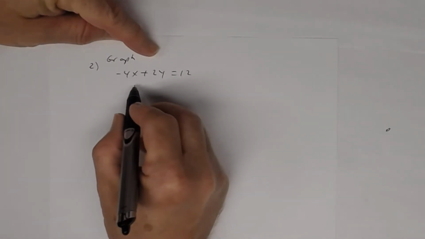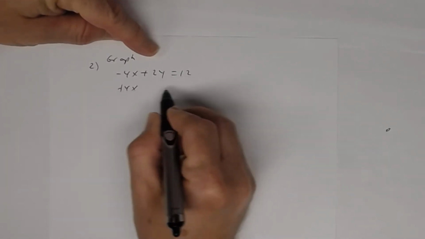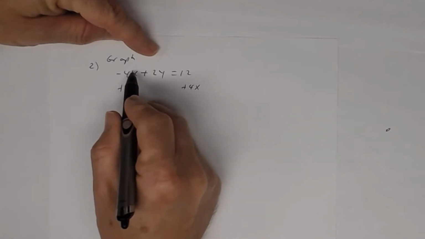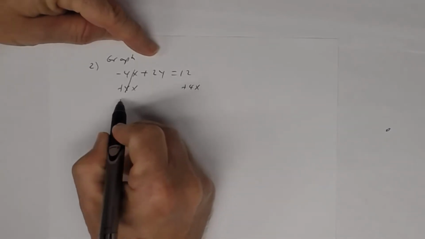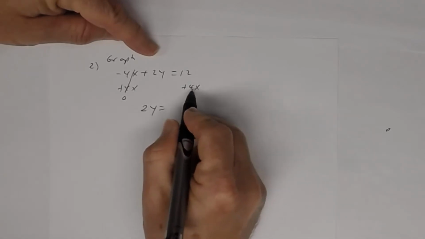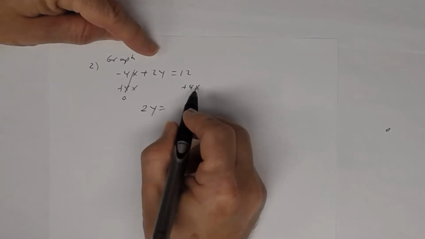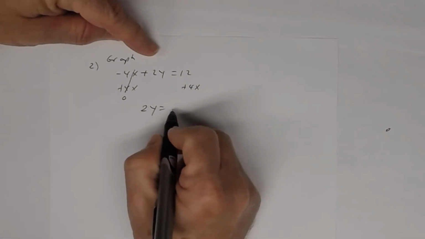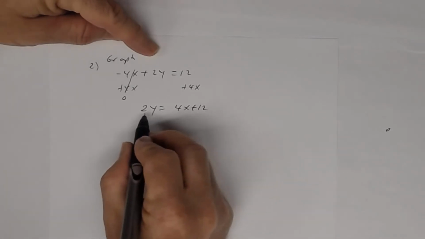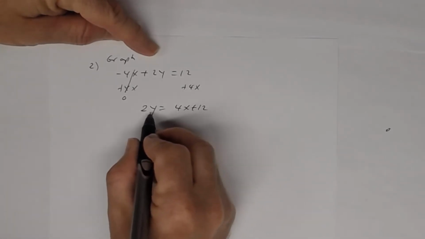So I'm going to add 4x to both sides, just like this. And so negative 4x plus 4x is 0. 0 plus 2y is 2y equal, and I'm going to put the variable term first. So 12 plus 4x, same thing as 4x plus 12. And then I'm going to divide both sides by 2 to get y by itself.